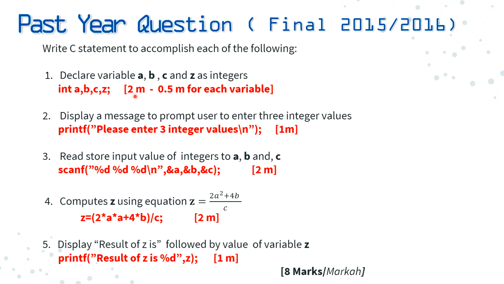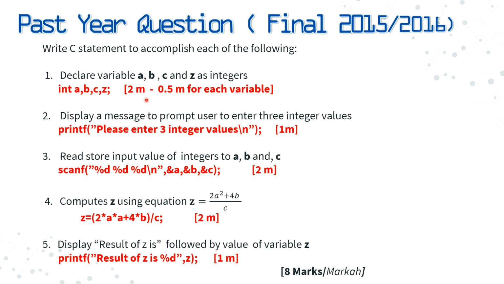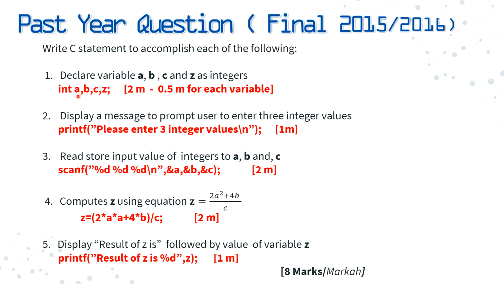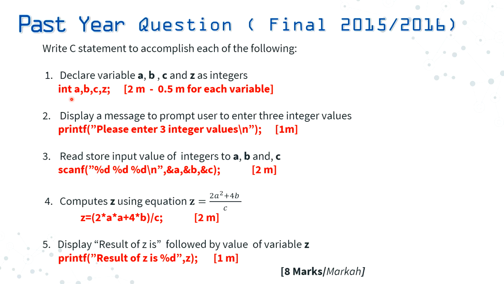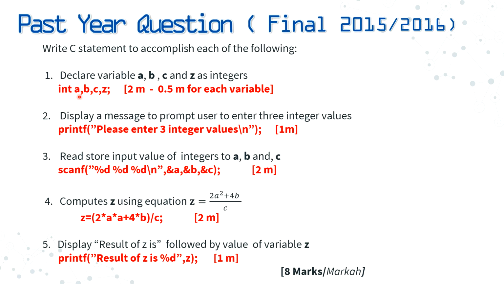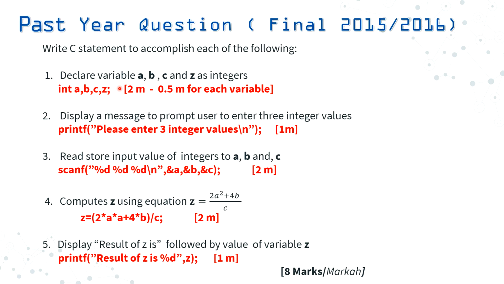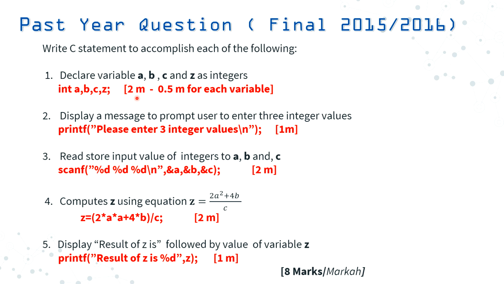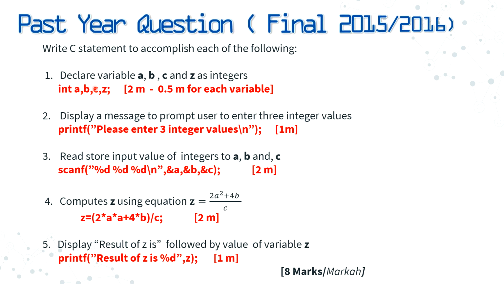As you can see from here, this is how the marks are assigned to the solution. If you write this integer A, B, C, Z with all the commas and the semicolon, you will get 0.5 marks for each variable. That's how the marks were assigned to this particular question and solution.